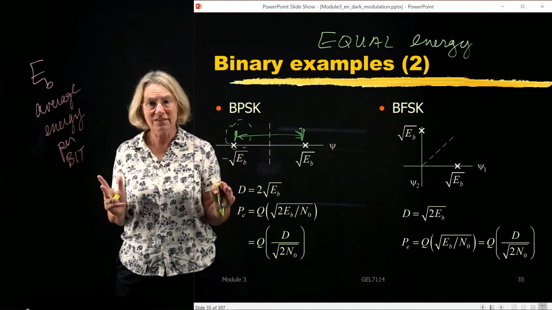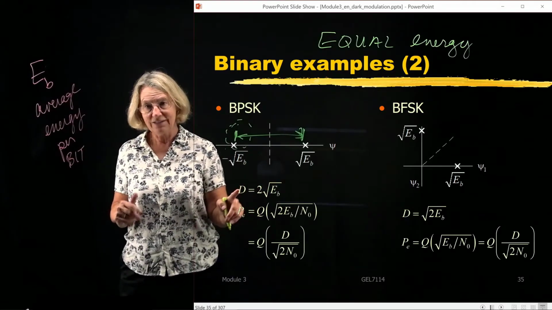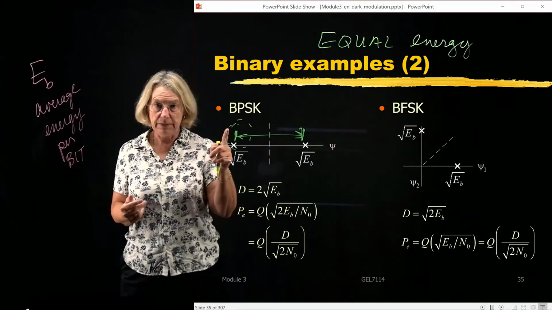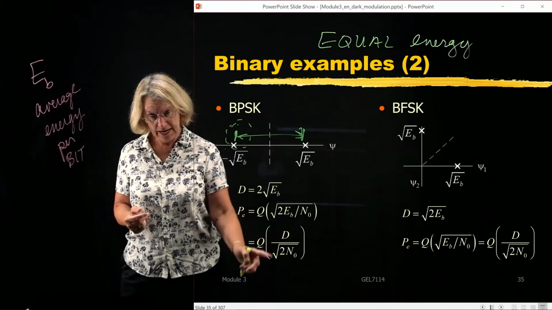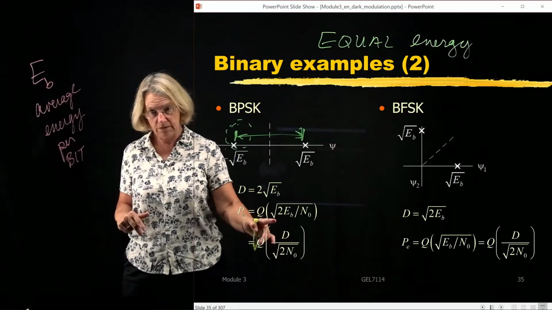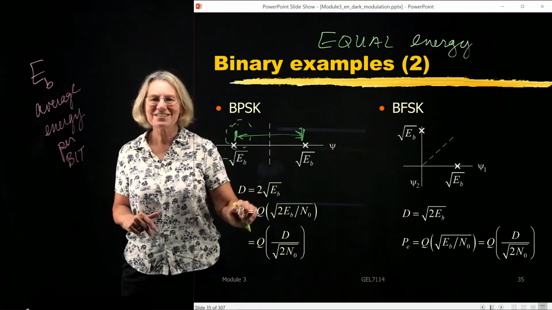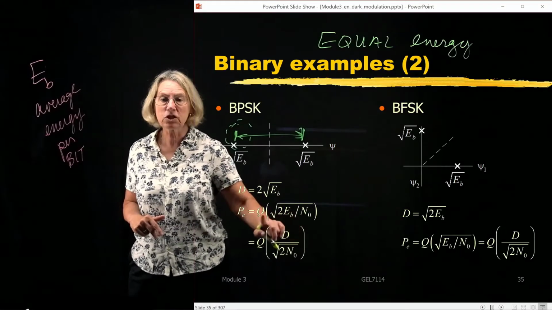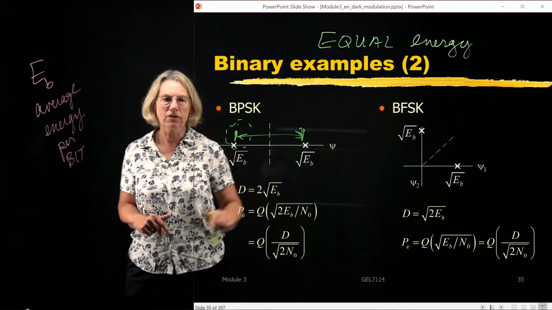So it's natural that this separation, which we call D, the distance between them, determines the performance. And in fact, for BPSK, we quantified it, and this D was 2 times the square root of EB, and then the probability of error we found was a Q function of the square root of 2 times EB over N0.